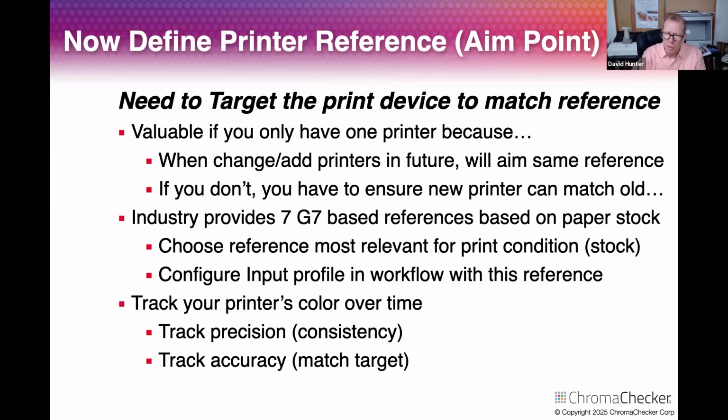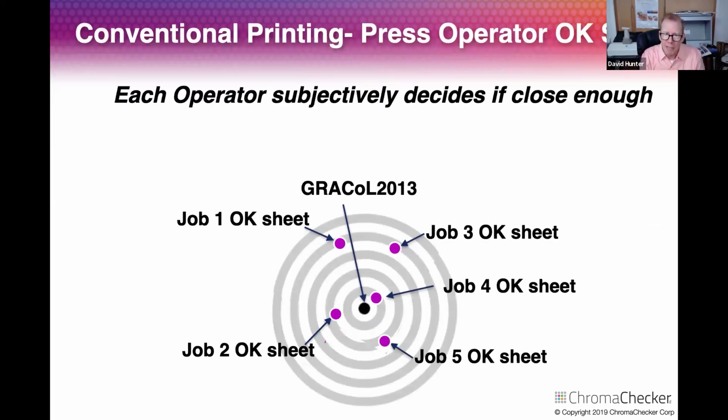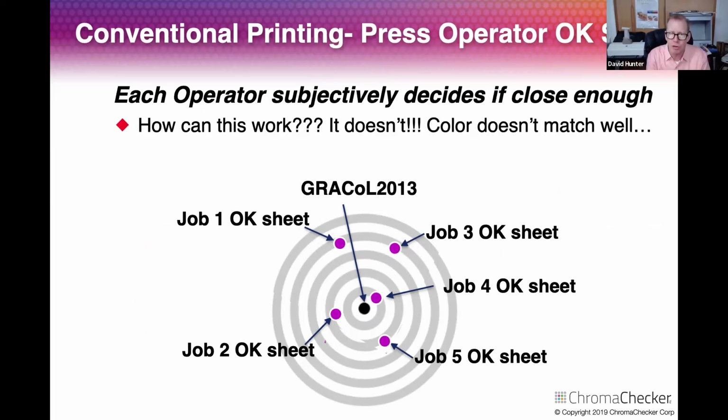And so using these different references, you set your printer up to aim for them, and then using a color conformance tool, you track your printer's conformance and precision. Now, when we're talking about conventional presses, each operator subjectively decides if the sheet is close enough. And I'd say 95% of offset printers still do it this way, which is really crazy.